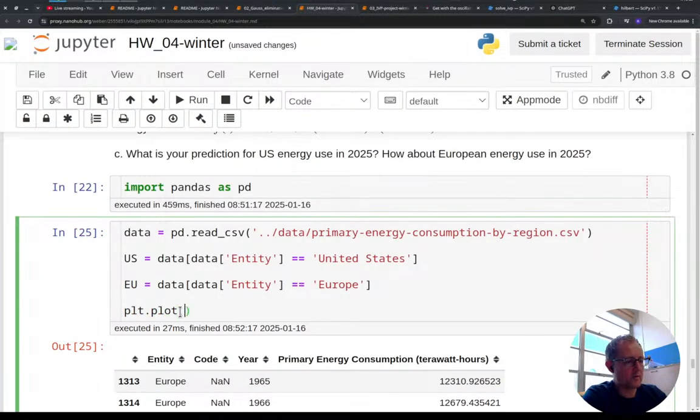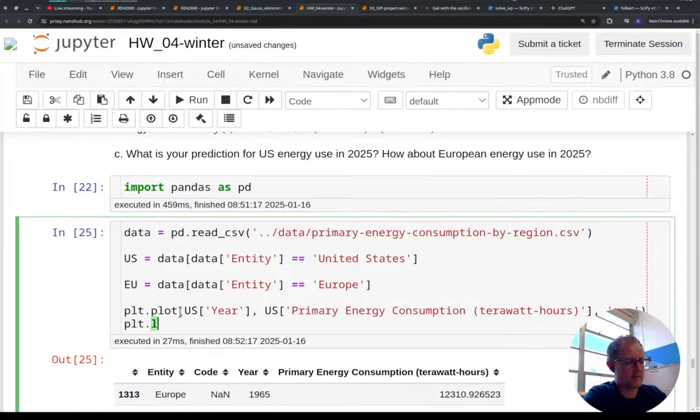Let's see what we're working with to start. I know we already plotted this once, but it's also good to know what the data looks like. I'll plot year versus primary energy consumption for the US as a blue line, and Europe as red squares.